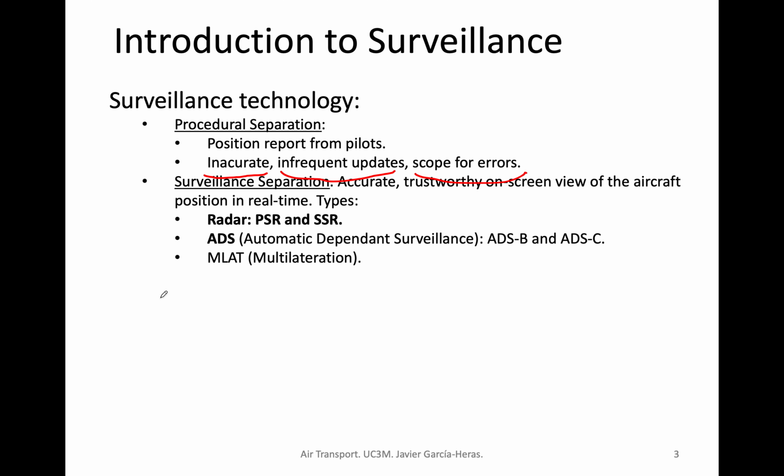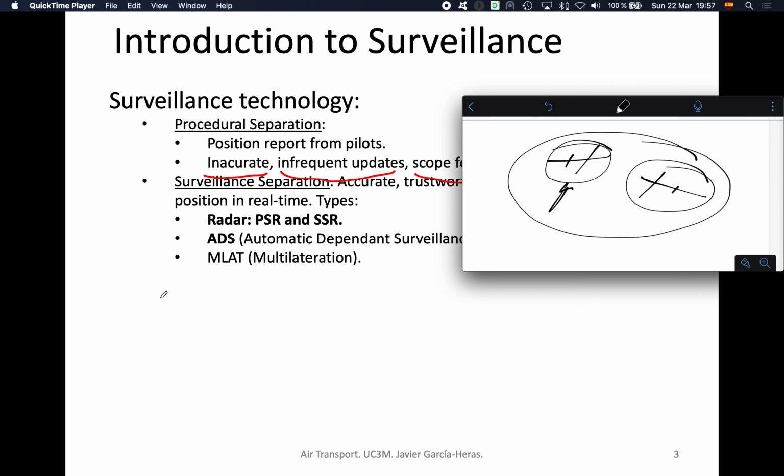And the second one, and the more frequently used, is surveillance operation. It is accurate, and also you can trust it because you can see the aircraft on the air traffic controller display. You get a track with a stamp with the information of this flight and also the flight plan.